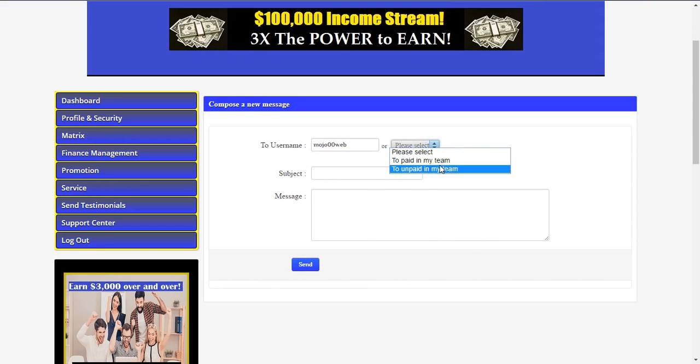Also, you got your two different options here. You got paid in my team and unpaid in my team. So that you can literally bulk send messages to all your paid members and to all of your unpaid members. You would not put a username here. You would just select that and then a subject and message.